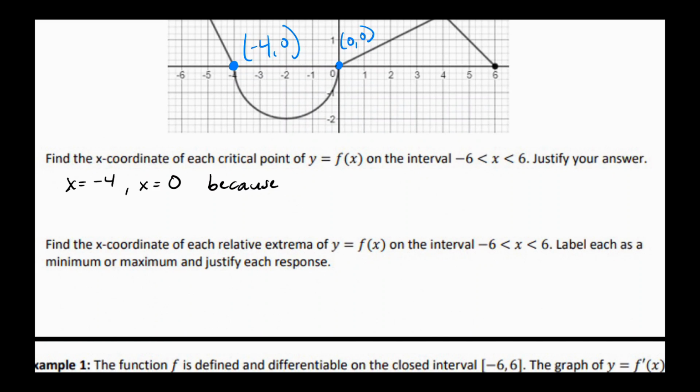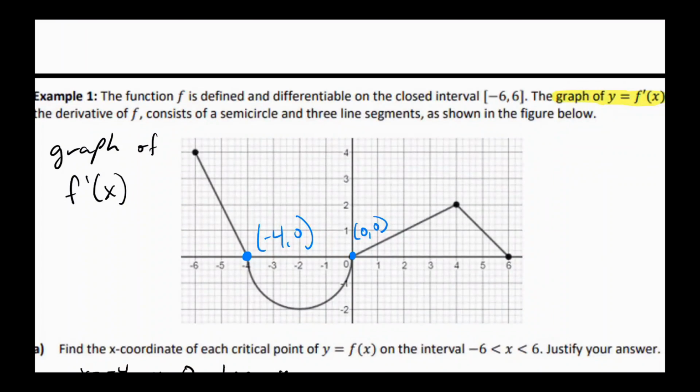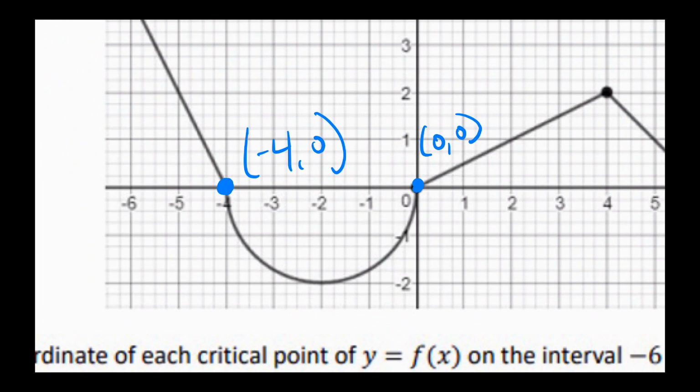They're x-intercepts on the derivative. You're right. You guys are kind of dancing around it. Why were these guys critical points? Because why? And what is why? Which is?